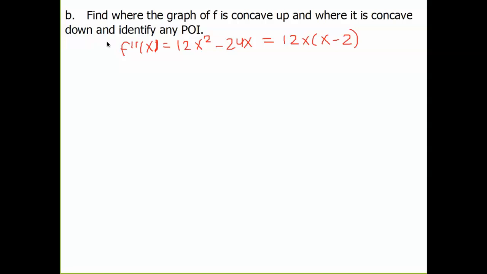And then find our PPOIs, because it says identify any points of inflection. So your PPOI are the possible points of inflection in which the second derivative is equal to 0. So we have 0 equals 12x and 0 equals x minus 2. So we have x equals 0 and x equals 2.